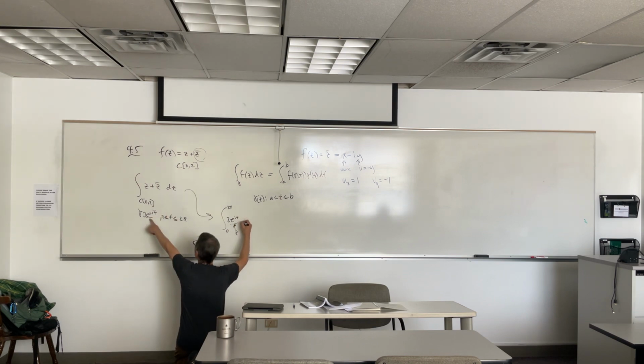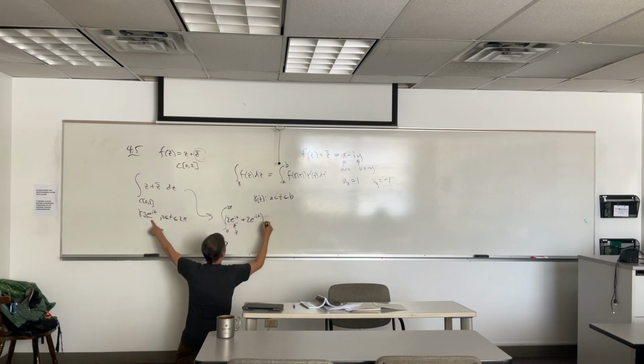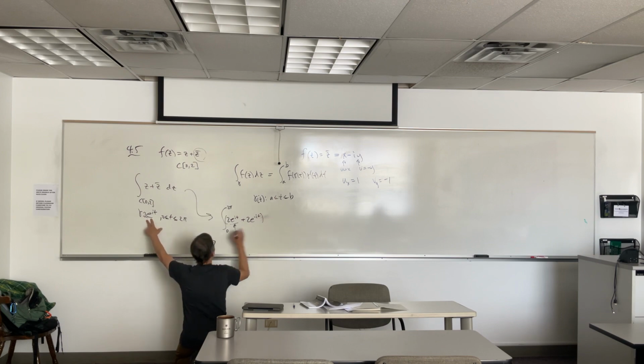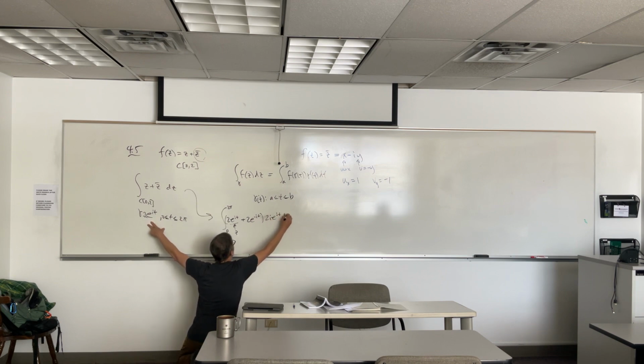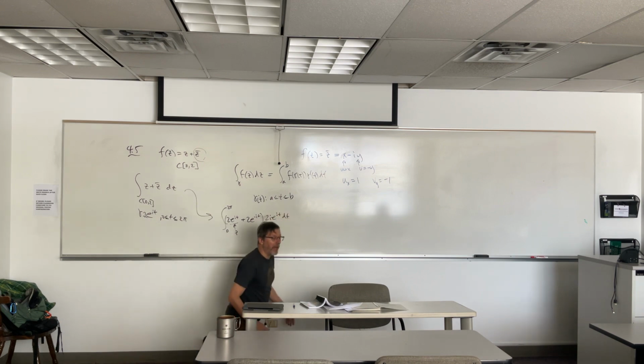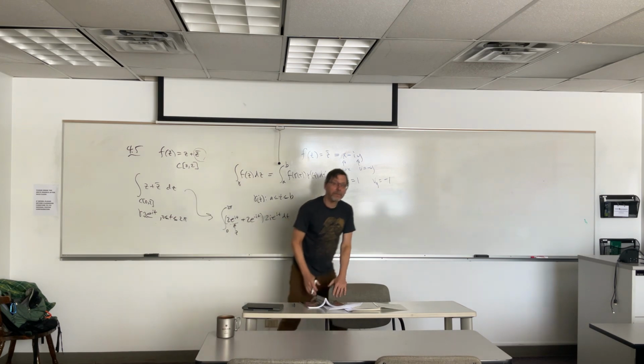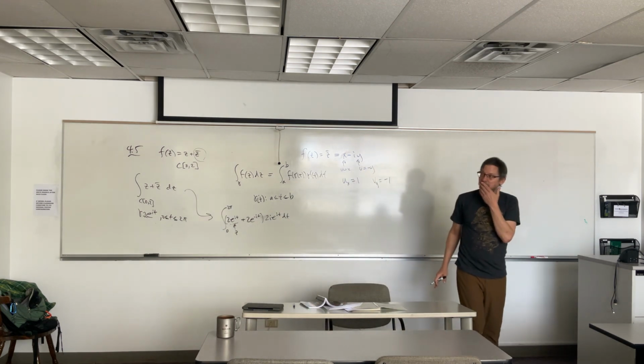And then what's the conjugate? Negative it, exactly. So plus 2e to the negative it, times gamma prime, which is what? Just 2i e to the it. 2i e to the it dt. So I just need to crank that integral out.